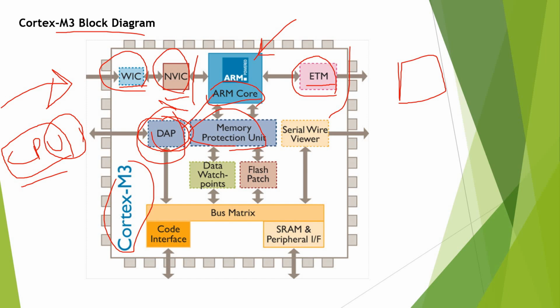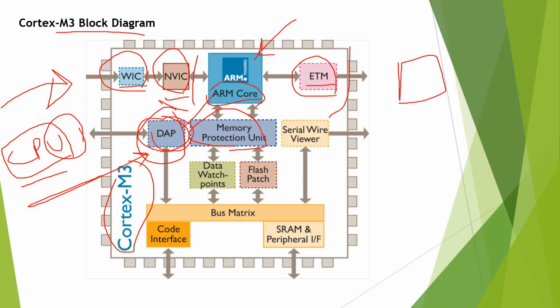And this DAP is a must-have, because without it we cannot debug. In some cases, like for high security products, they may decide to remove it. But in the early stage of development, we must have this to allow developers and testers to check that their code is working fine. Then in the final product and final silicon, they may decide to remove it. But in most cases, it is available.